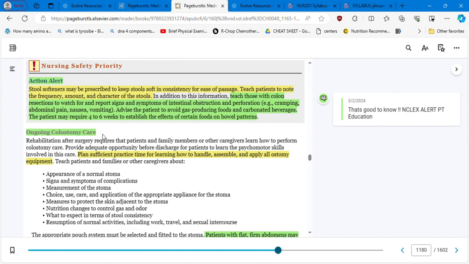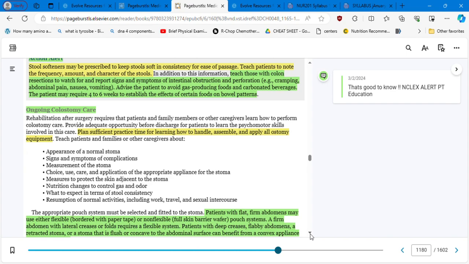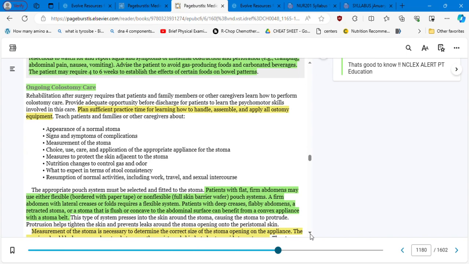Ongoing colostomy care: you plan sufficient practice time for learning how to handle, assemble, and apply all ostomy equipment. You need to teach the patient and the family members about the appearance of a normal stoma and all the different characteristics that we explain through the chapter, including stool consistency.